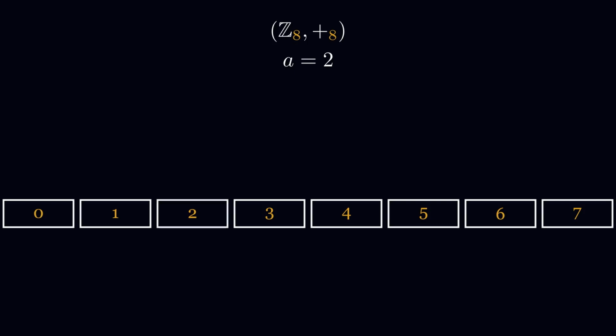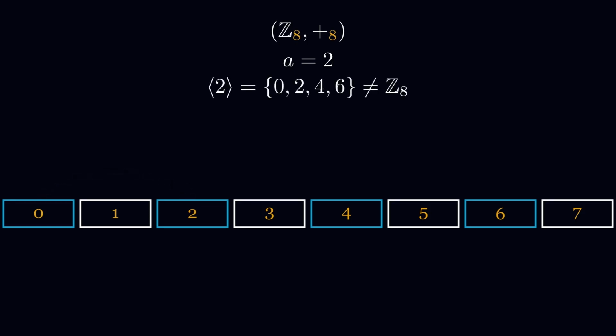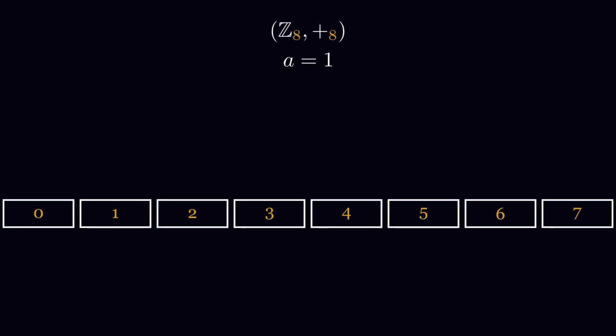What about the Zn group? For example, Z8. 2 gives us a set of itself, 4, 6, and 0. 2 is not a generator of Z8. Let's look at another example, 1. We get 1, 2, 3, 4, 5, 6, 7, and 0.